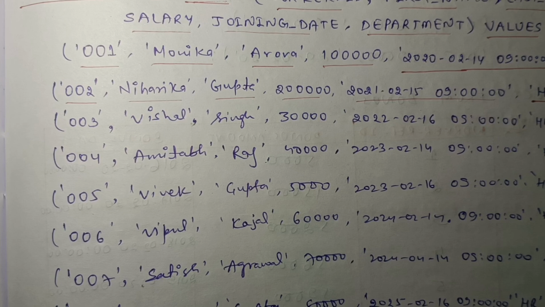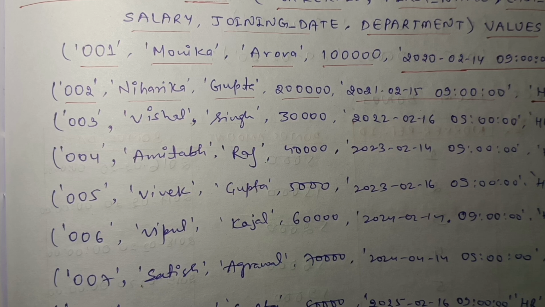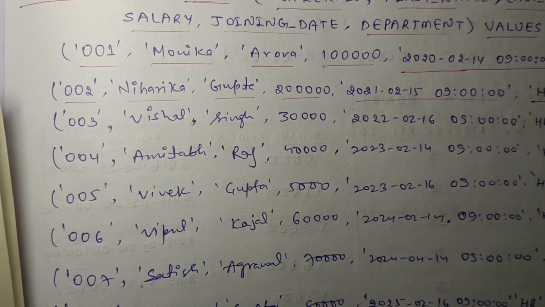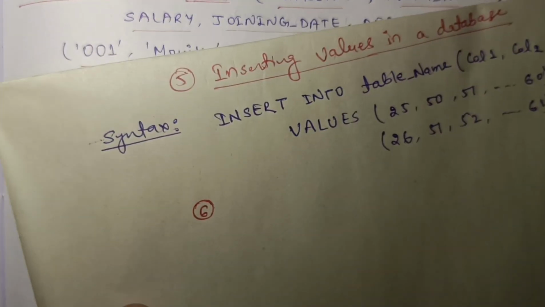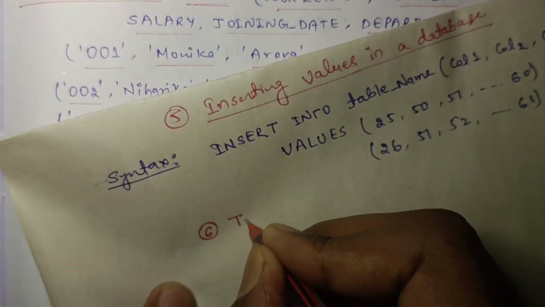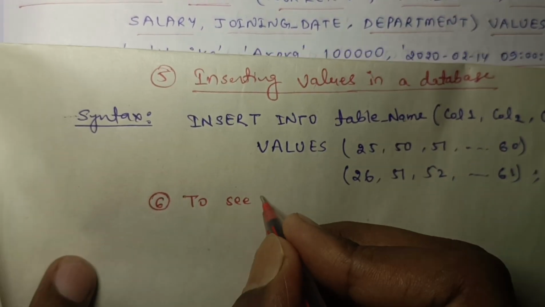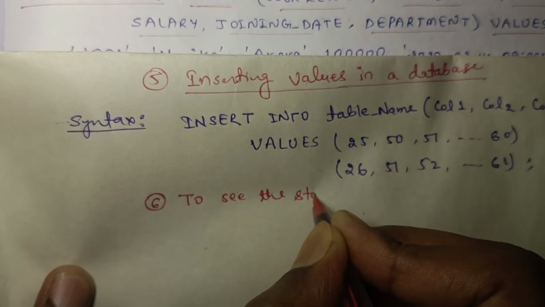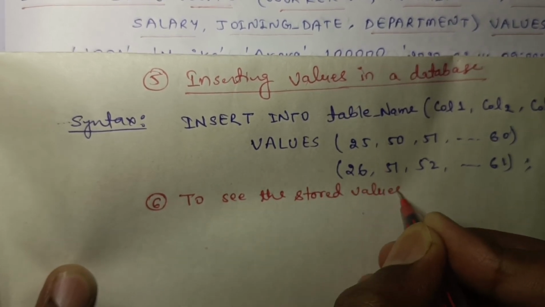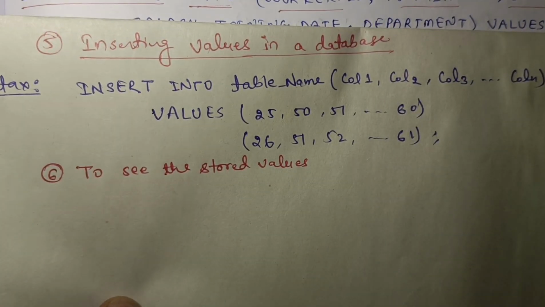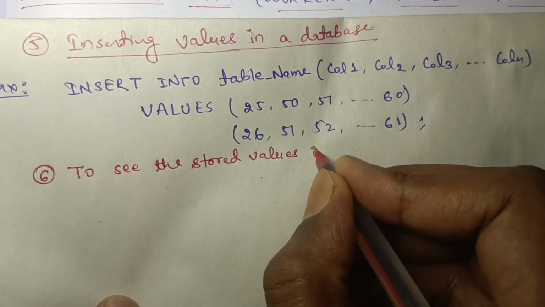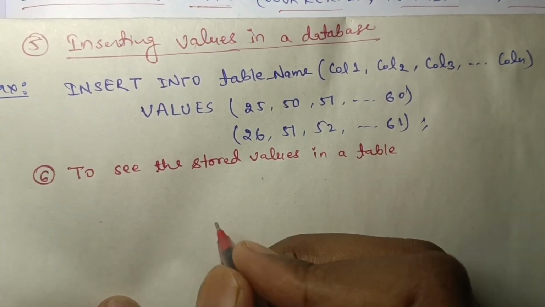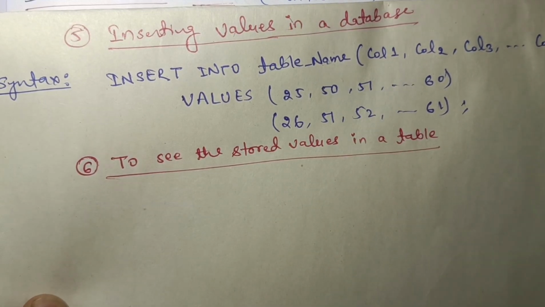So this is all about the basic commands related to the database. Now if we want to see our stored values from the table, then we use the select command for this. So let's see how we can see our values. To see the stored values in a table, we have the syntax, let me write.